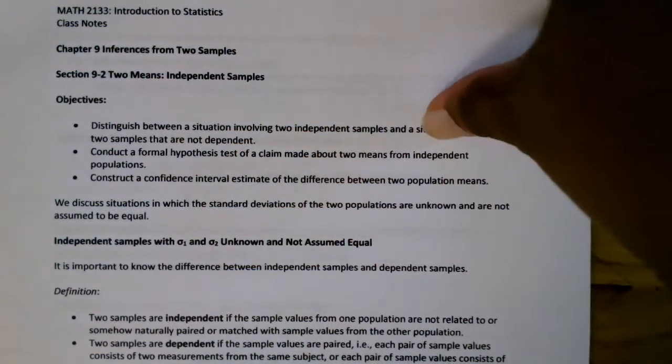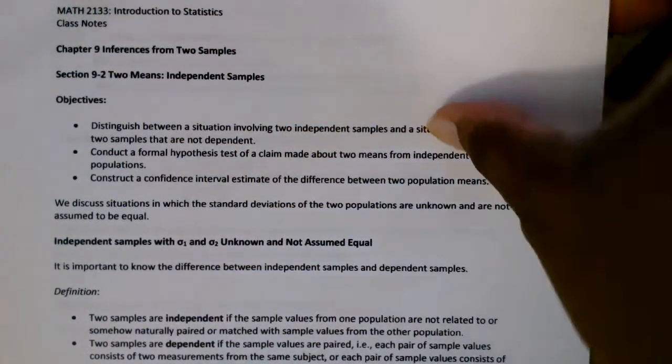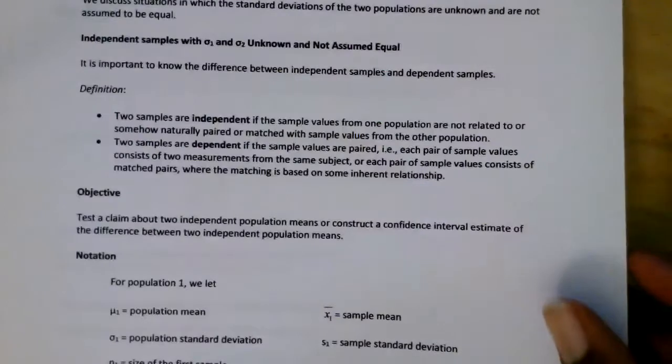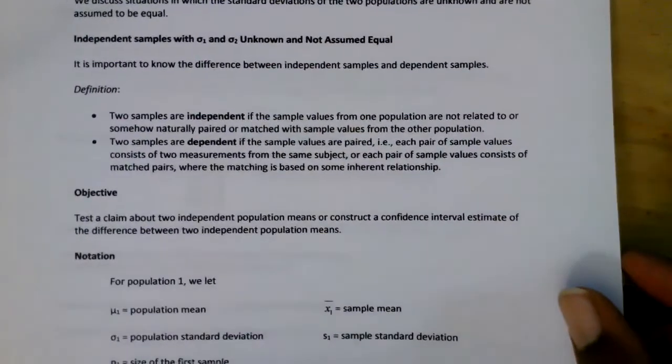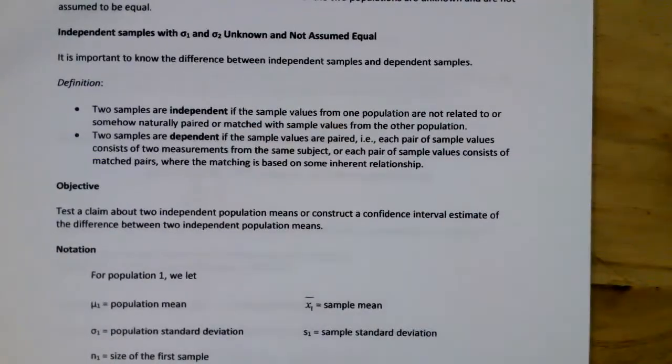Now, it's important that you know the difference between independent samples and dependent samples. Here's the definition. Two samples are independent if the sample values from one population are not related to or somehow naturally paired or matched with sample values from the other population. Two samples are dependent if the samples are paired.